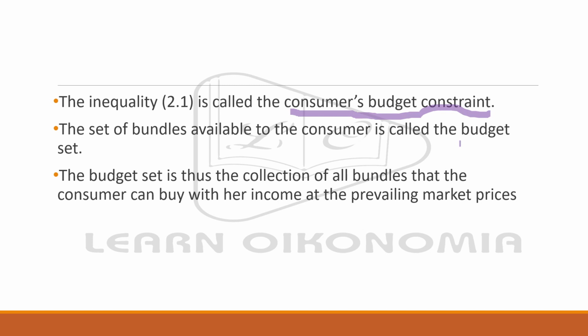The different bundles of mango and banana which are available to the consumer within the budget constraint are known as the budget set. And the budget set would be the collection of all bundles that the consumer will be able to buy with his income, given the prices of the commodities in the market.